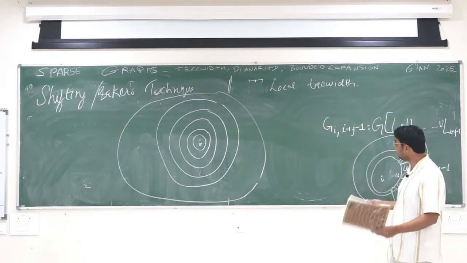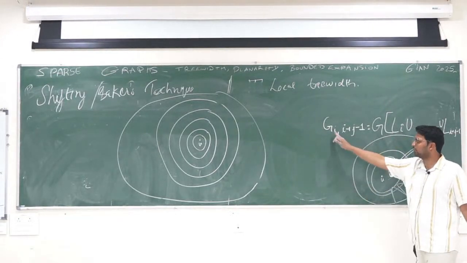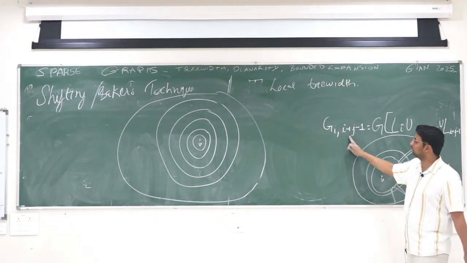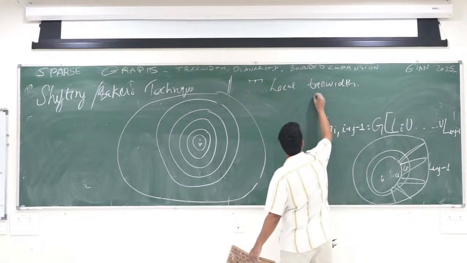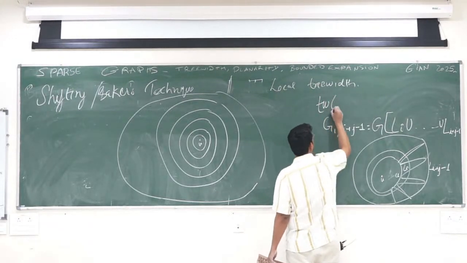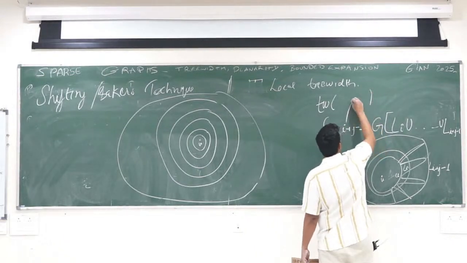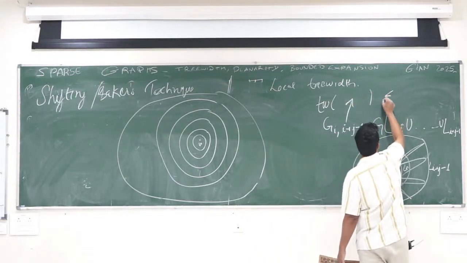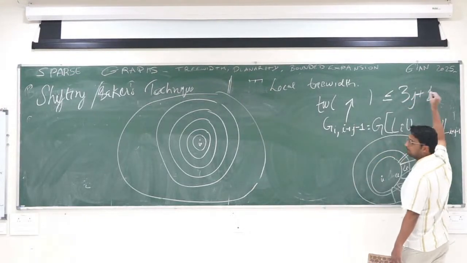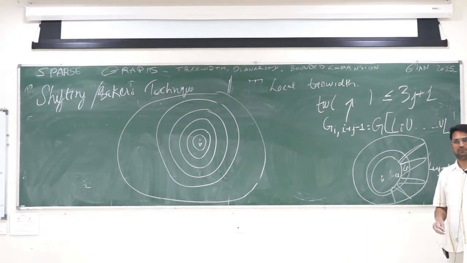Now, this includes j layers, and the corollary of our result is that the treewidth of this graph is also bounded. Treewidth of this graph is less than or equal to 3j plus 1.